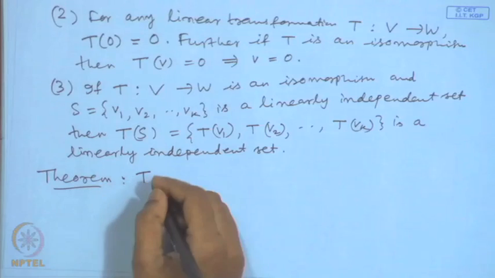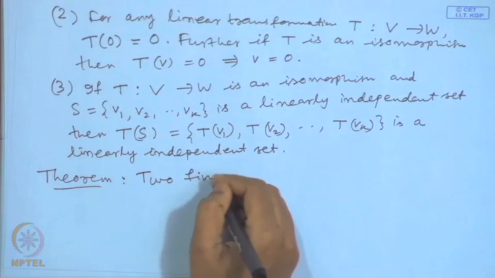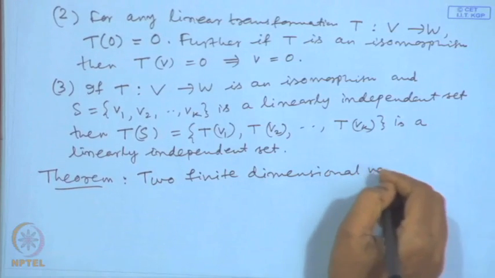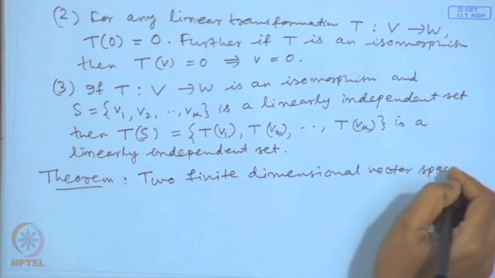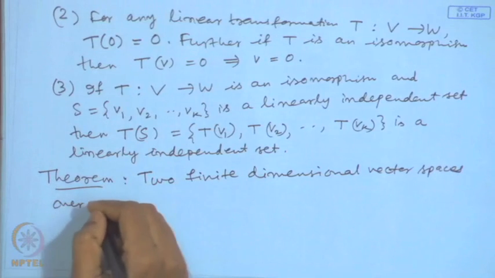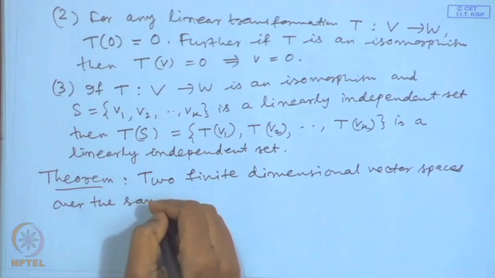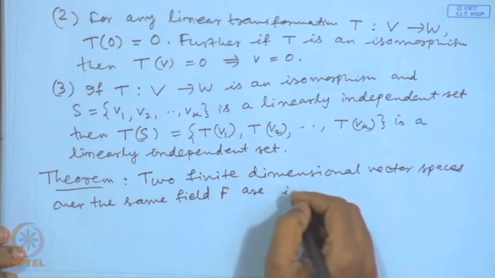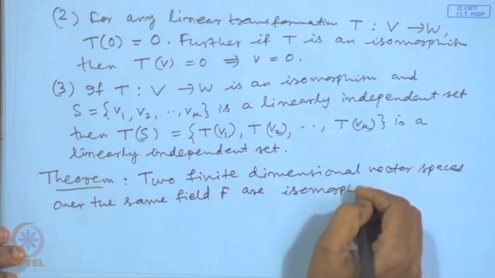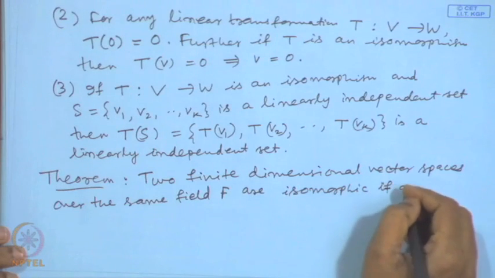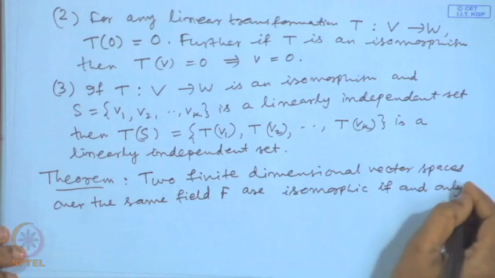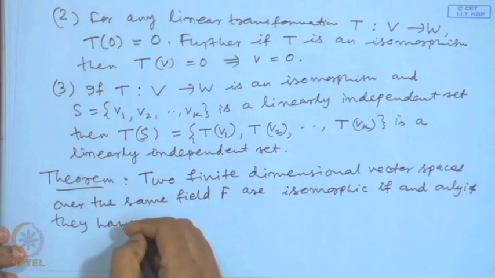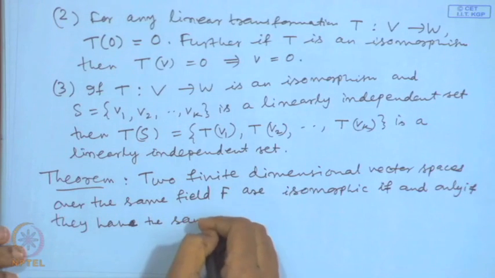The result is like this: two finite dimensional vector spaces over the same field F are isomorphic if and only if they have the same dimension.